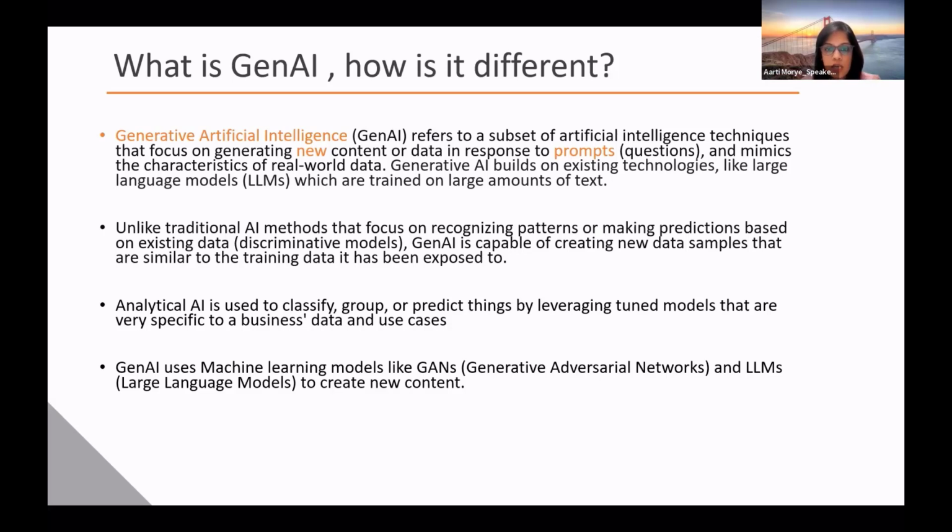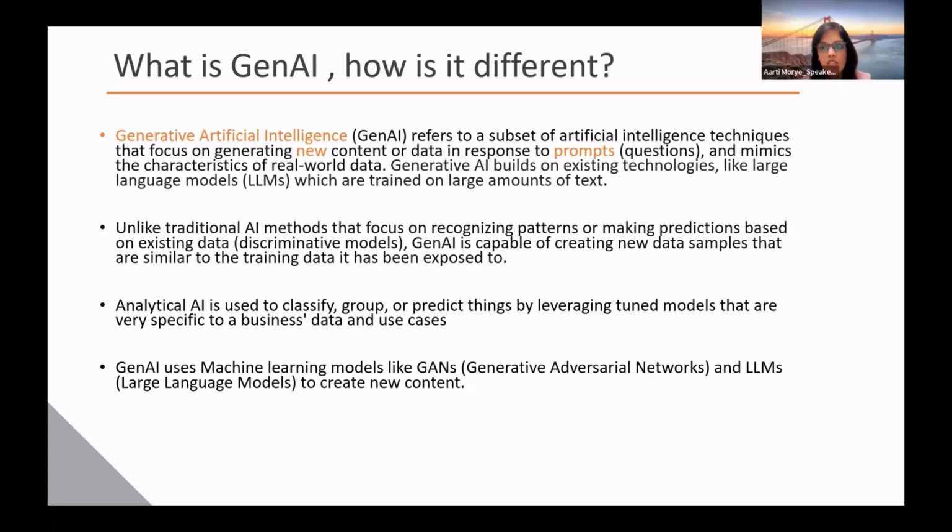Gen AI, on the other hand, you might have noticed, is a very generic model that is capable of answering a lot of questions without training it on any specific data. Of course, there will be a lot of pre-training and fine-tuning that will happen going forward in the coming years to make Gen AI cater to specific use cases.